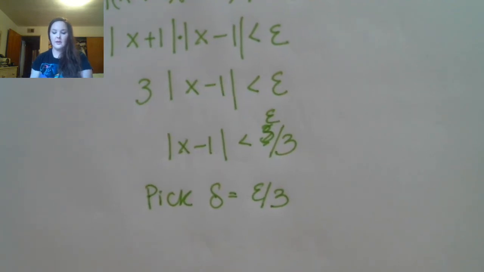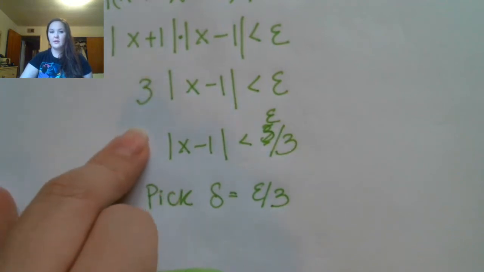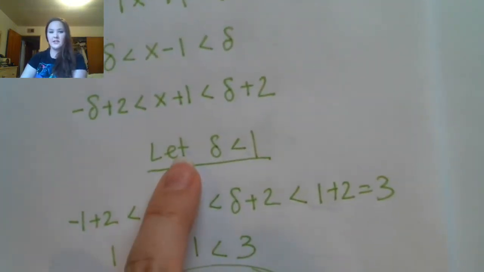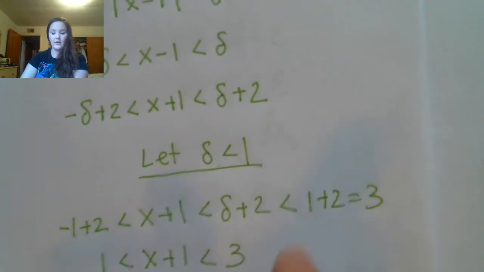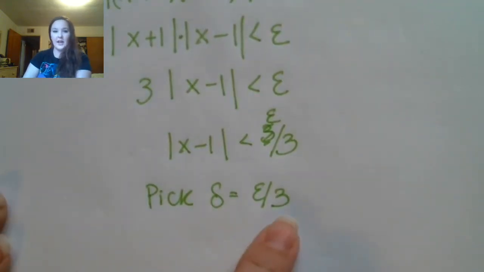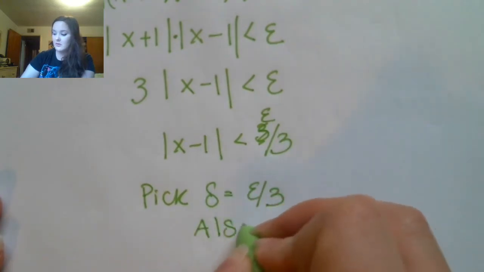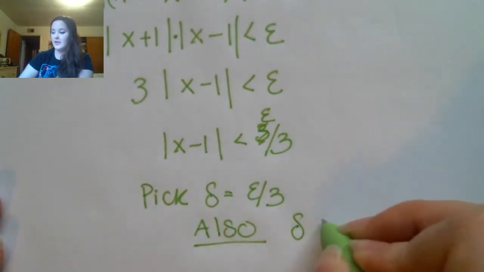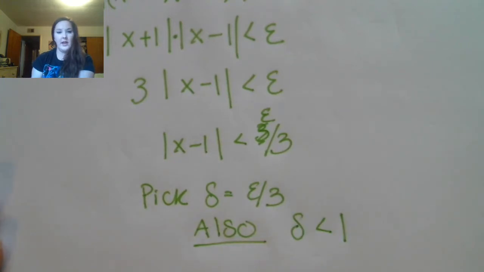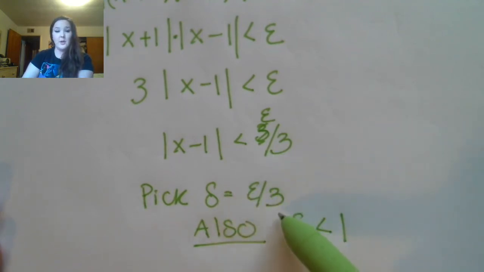But I wanted to remind you that this was based on the fact that delta is less than 1. So delta has to be epsilon over 3, but it also needs to be less than 1. We'll talk about how to be precise in saying this later on, but we need to remember that delta is epsilon over 3, but it is also a number that's less than 1.